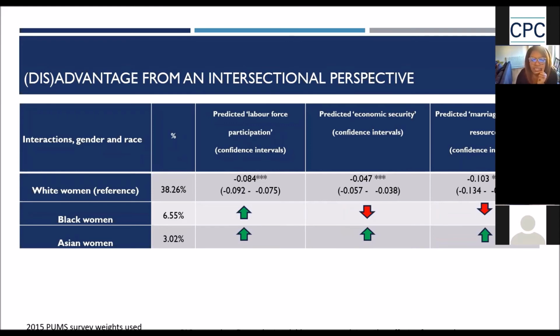So subsequently, it raises a lot of questions as to why this is happening. What's different between Black women and Asian women that for Black women, their work in the labor market isn't translated into additional benefits elsewhere?